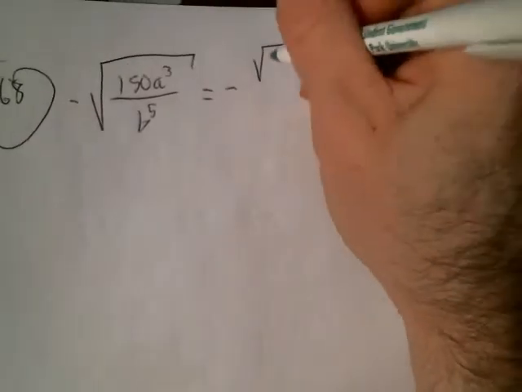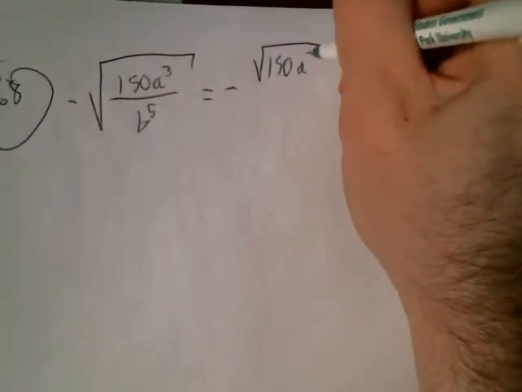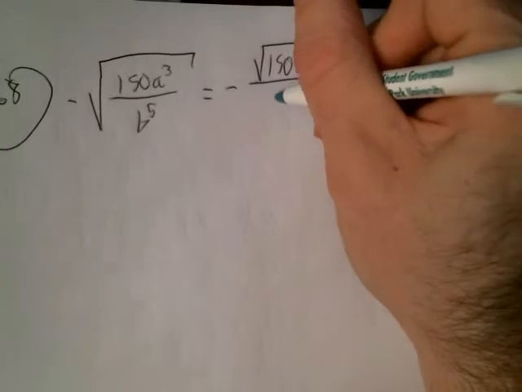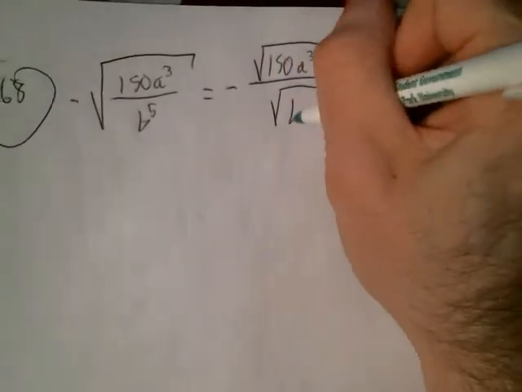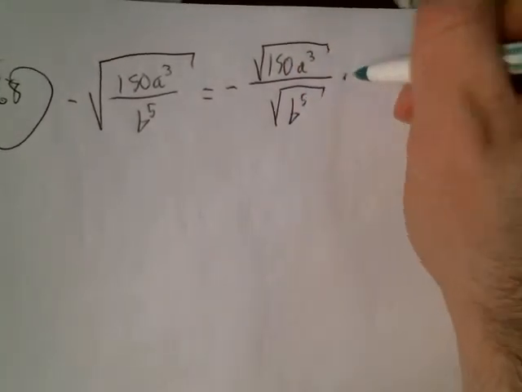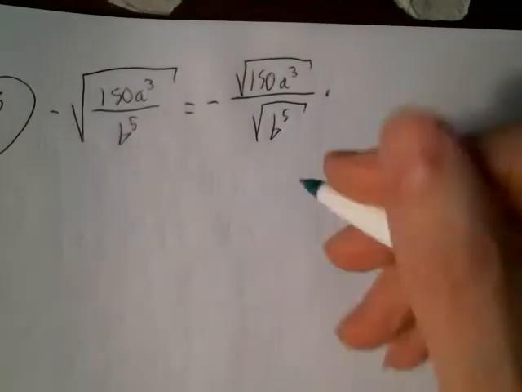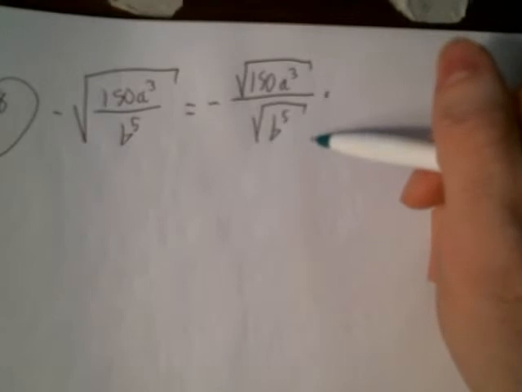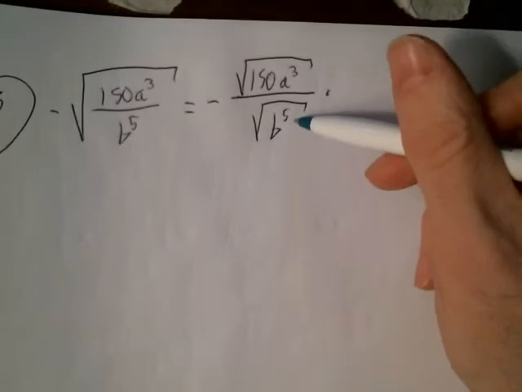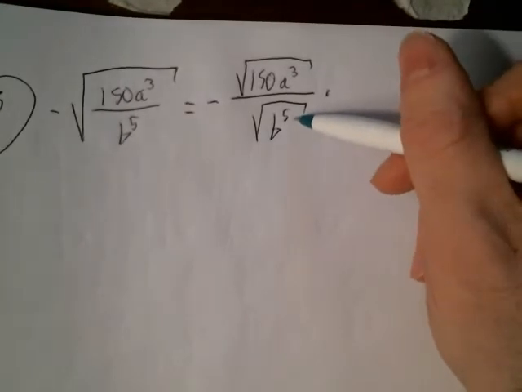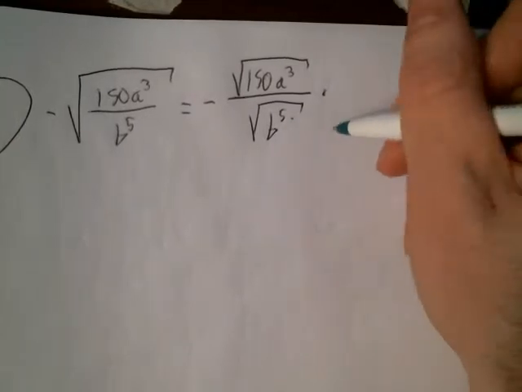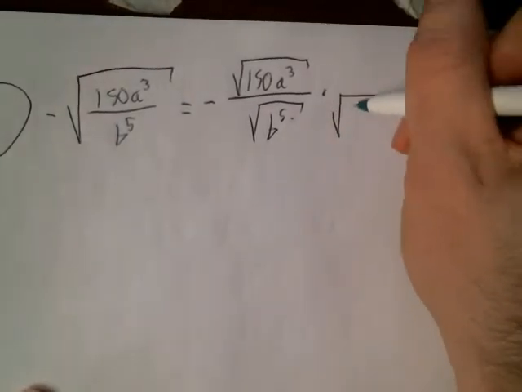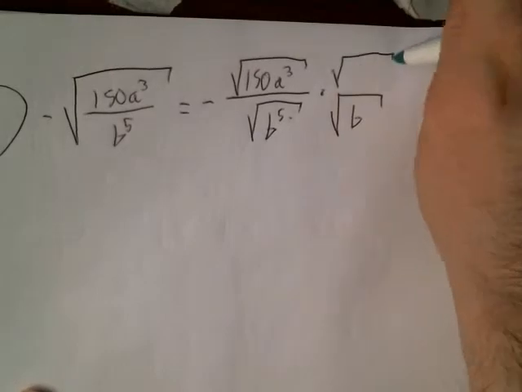So I have 150 a cubed all over the square root of b to the 5th. I want to get rid of that square root, so I'm going to multiply in by something that will make this power divisible by 2. So if I multiply in top and bottom by b, that will do it.